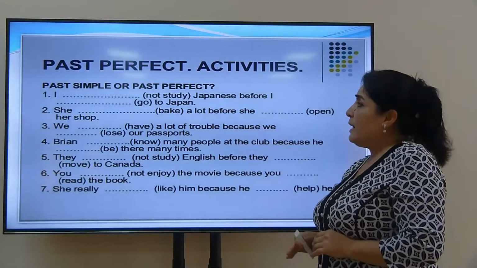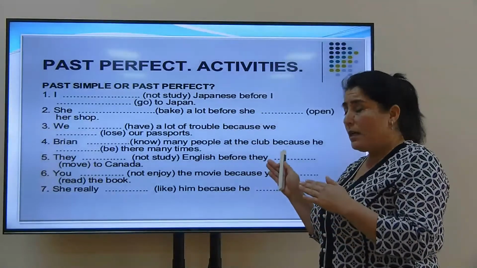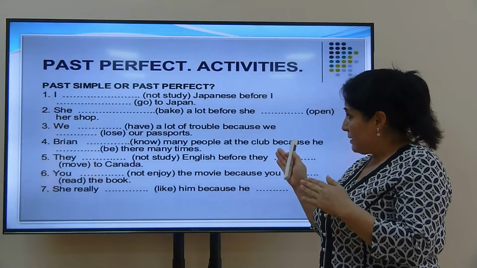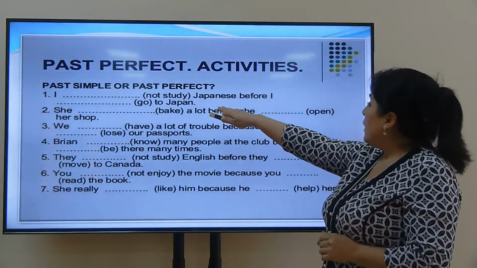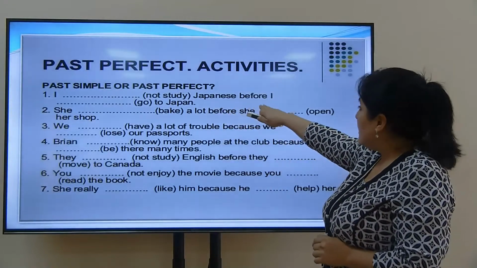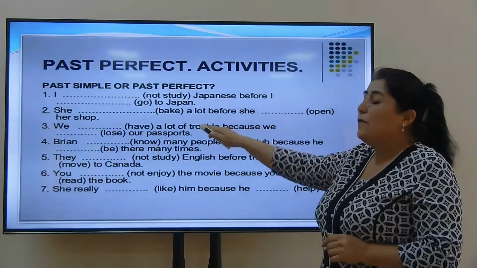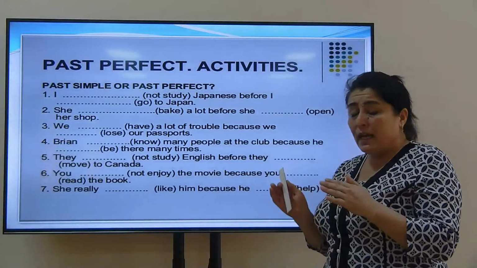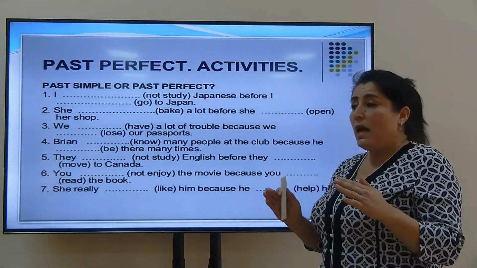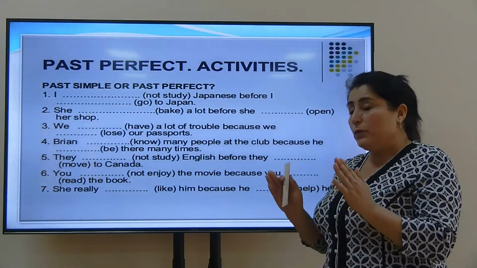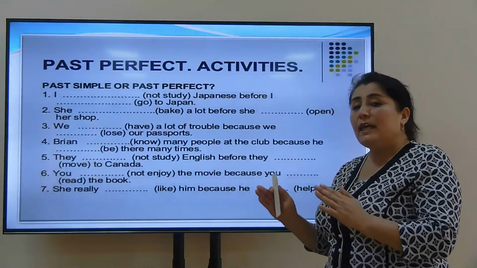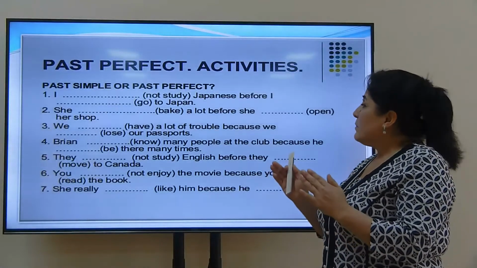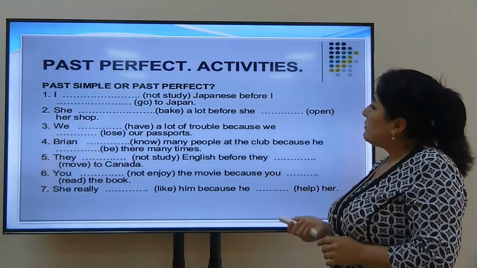How can we use this sentence? So you are right. I hadn't studied Japanese before I went to Japan. So when I went to Japan, I didn't know Japanese. I went to Japan, then I began to study the Japanese language.